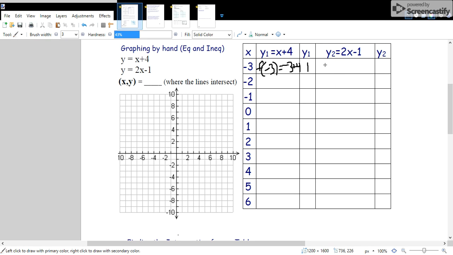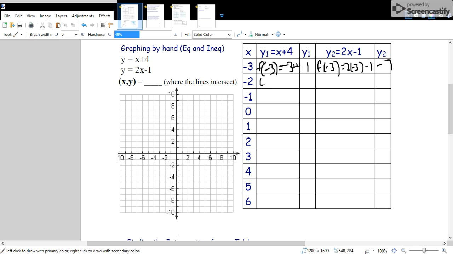In the second equation, if we have f of negative 3, that would equal 2 times negative 3 minus 1. 2 times negative 3 is negative 6, and then plus negative 1 would be negative 7. Alright, the next one we have a negative 2. We're going to plug that in for x.